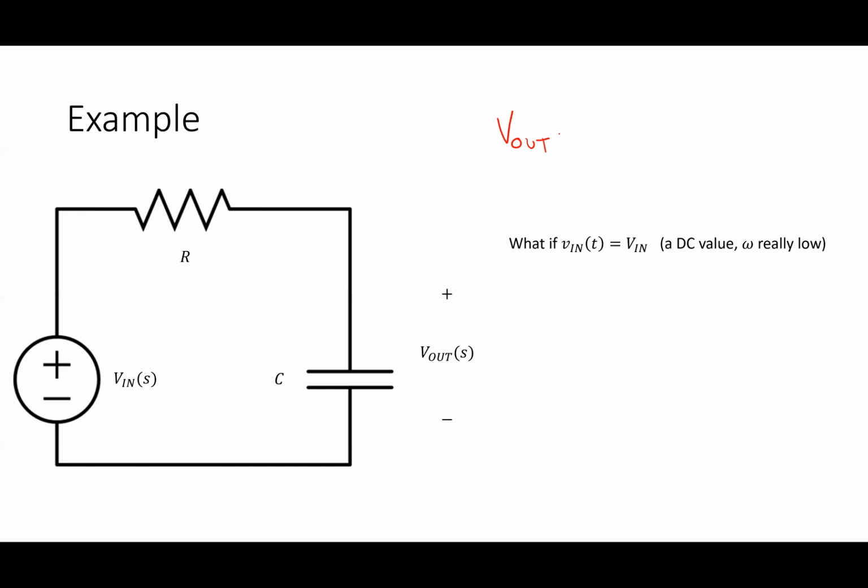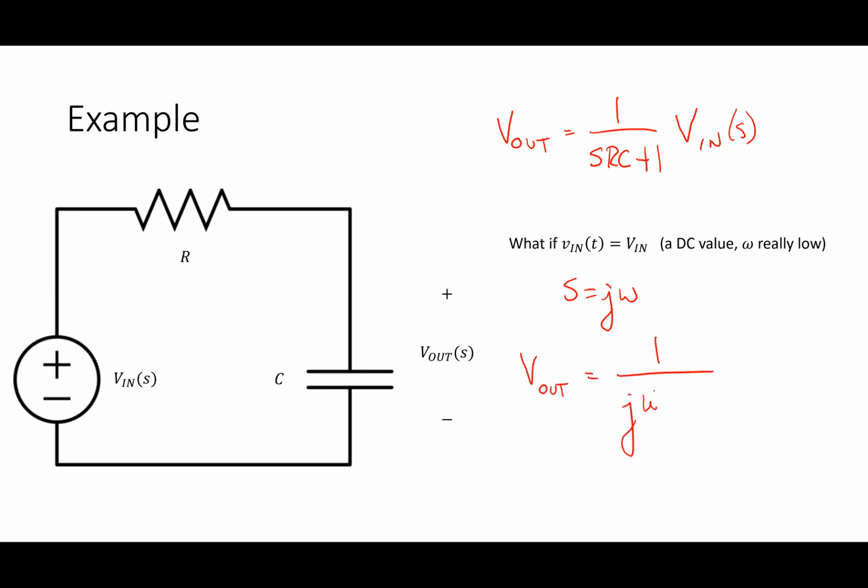V out equals 1 over SRC plus 1 times V in of S. Now, if I was dealing with sine waves, then S equals j omega, and I have V out equals 1 over j omega RC plus 1 times V in.